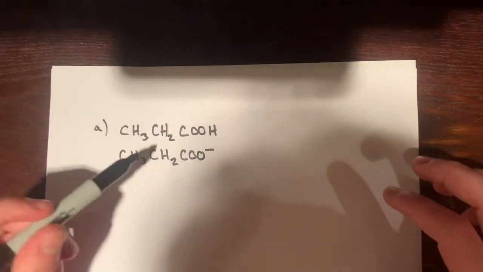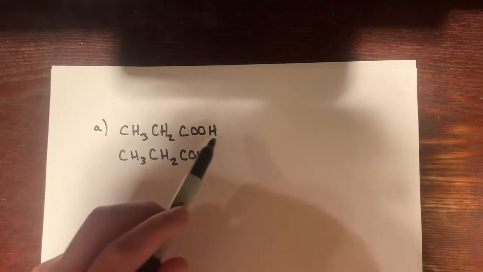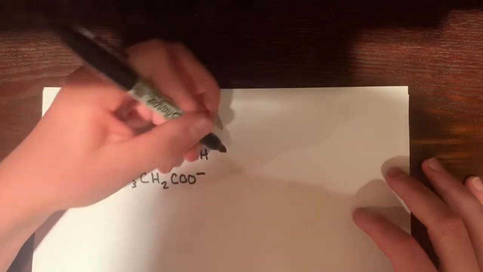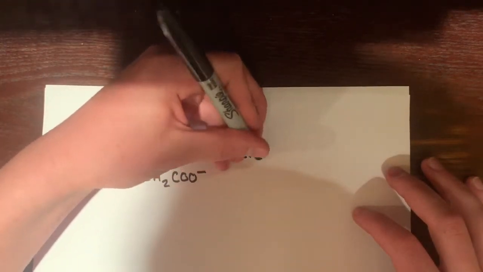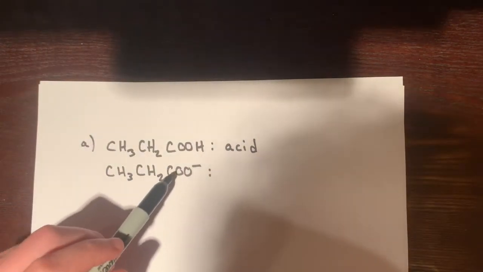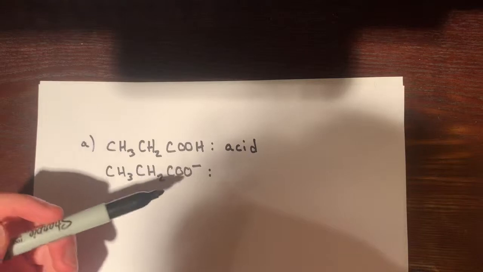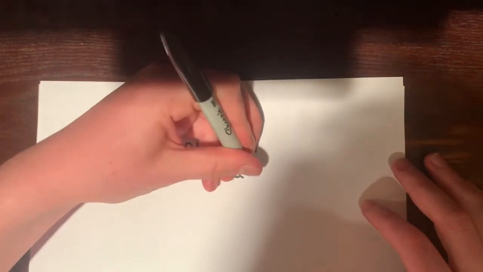So what's going to happen is the CH3CH2COOH is going to be the proton donor, so that's going to be the acid, while the CH3CH2COO minus will be accepting the proton, so that's going to be the base.